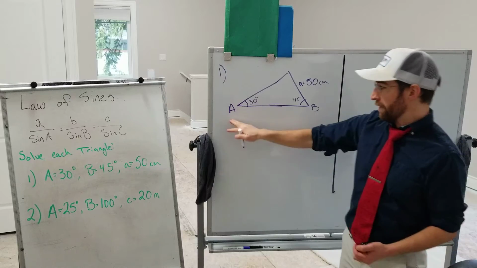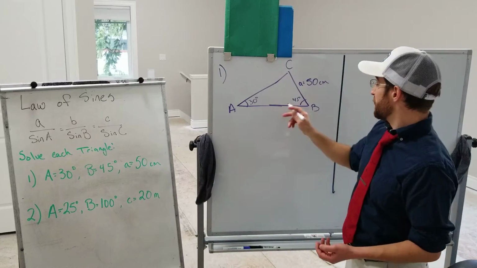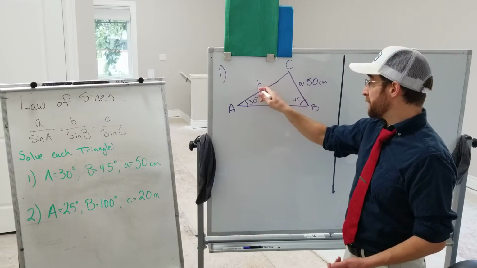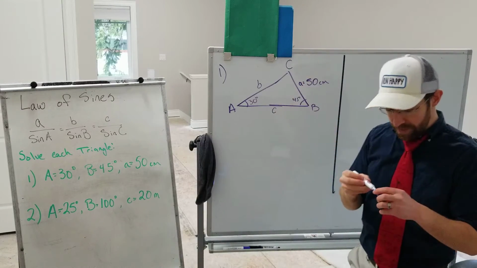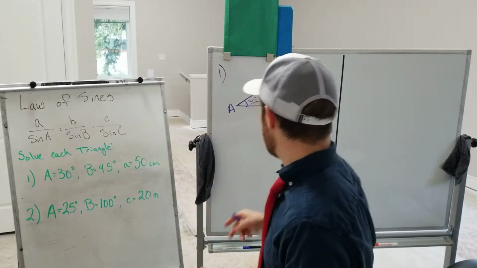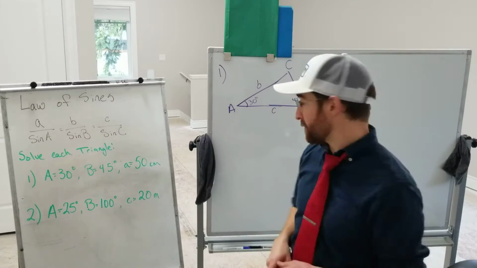All right, so I have the three angles A, B, C, and then I have side A opposite angle A, side B opposite angle B, and side C opposite angle C. In general with triangles, the capital letters represent angle measures and the lowercase letters represent side lengths.